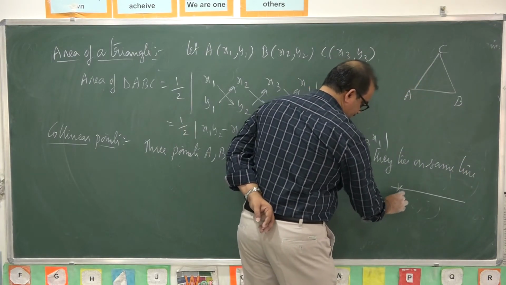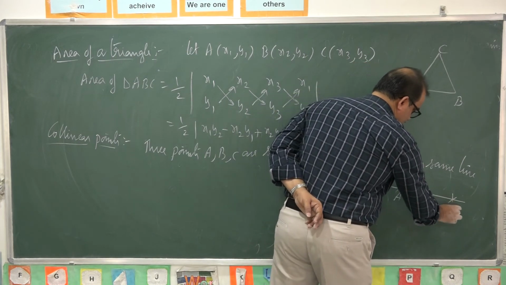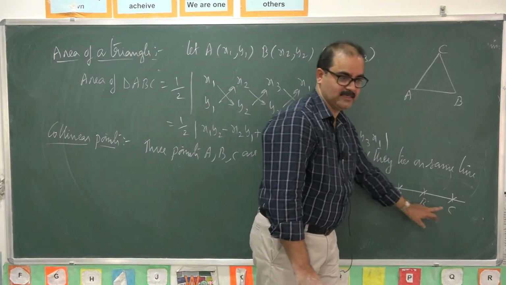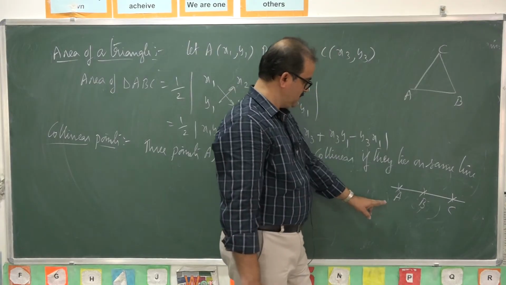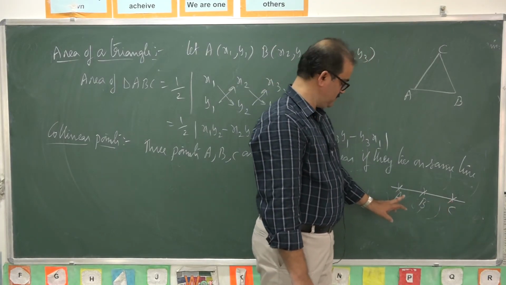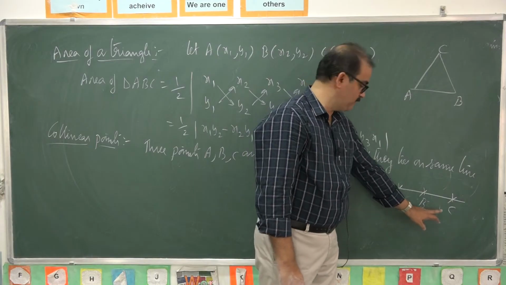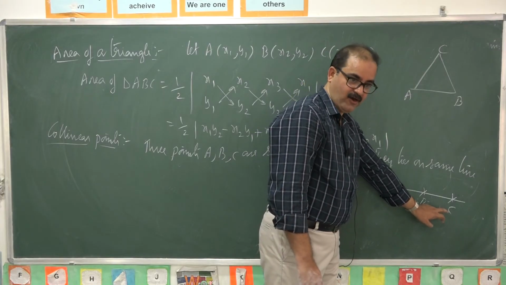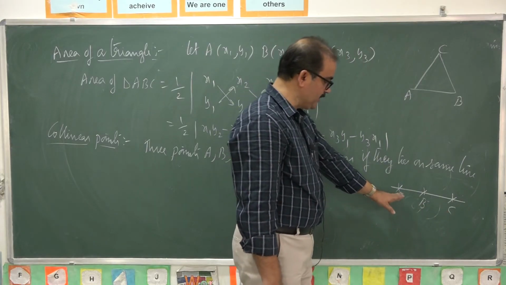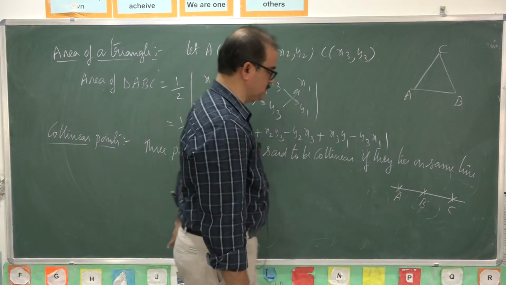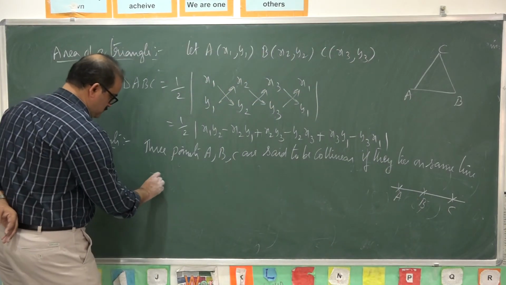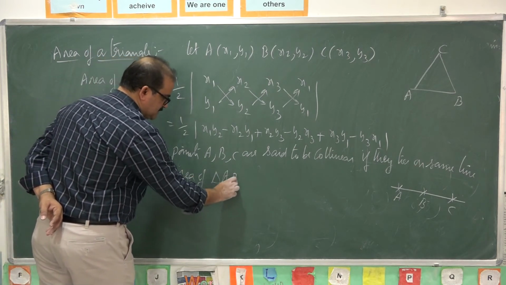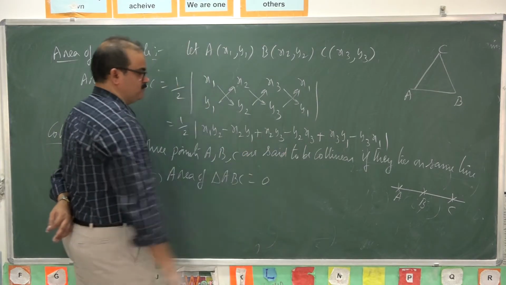If 3 points A, B, C lie on the same line, then these 3 points are said to be collinear. If 3 points are collinear, then there is no triangle formed with these 3 points. If there is no triangle formed, then the area of the triangle ABC is 0.